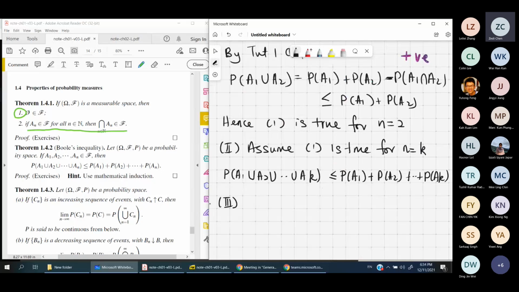Then we want to use this to verify it is true for n equals k plus 1. So we want to prove it for n equals k plus 1.